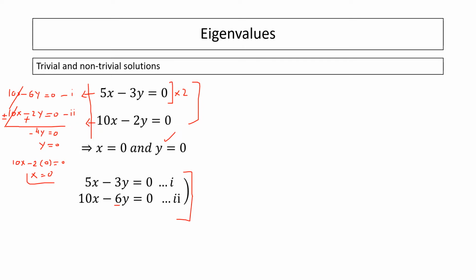Now if you see these two equations, the difference is that the second equation is a multiple of the first equation.